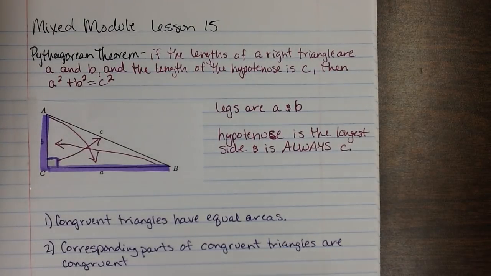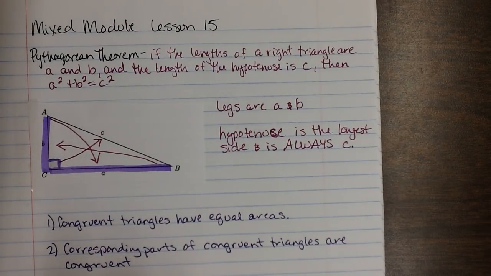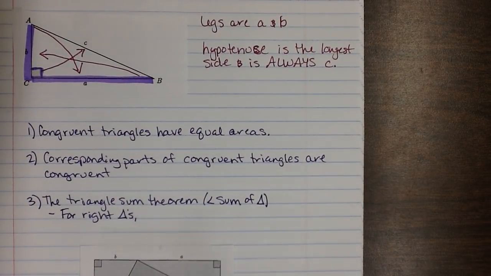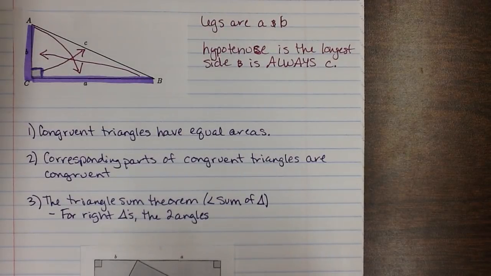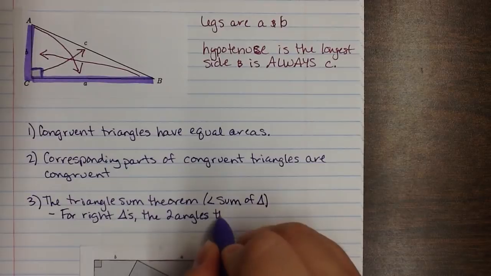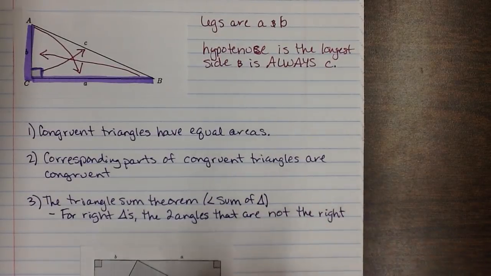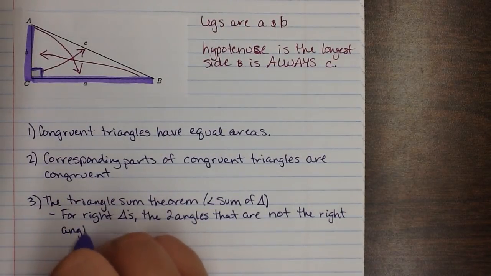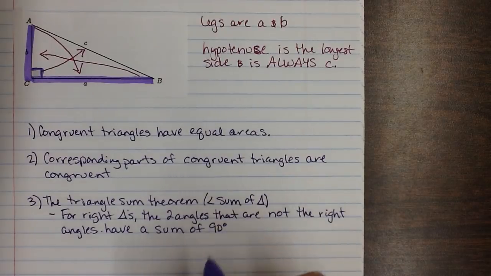And all that means is, when we're talking about right triangles, the two angles that are not the right angle have a sum of 90 degrees.